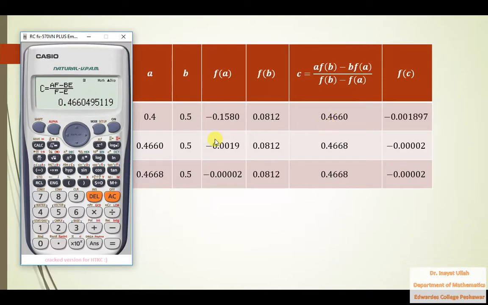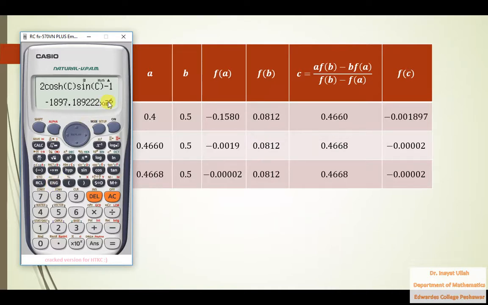And the last one is about f of c, that is minus 1.897 multiplied by 10 raised to the power minus 3. If you want to convert this not in scientific notation but just in decimal notation, you need to press this E and G button.